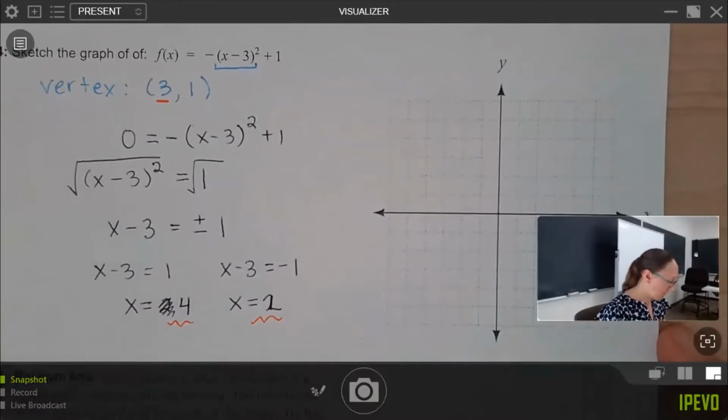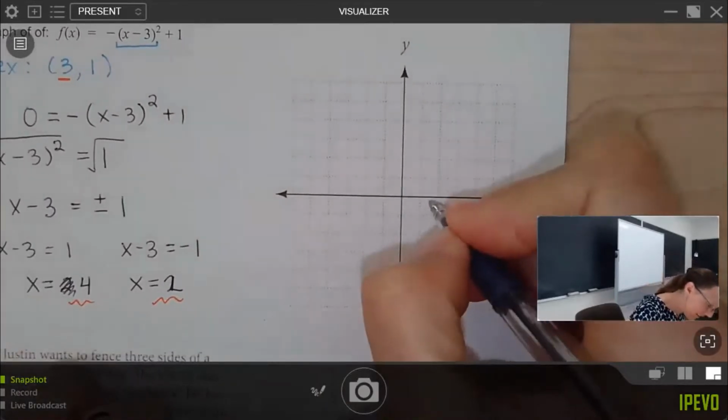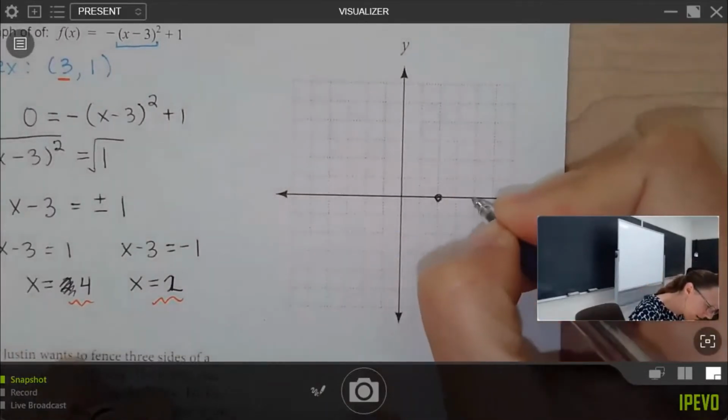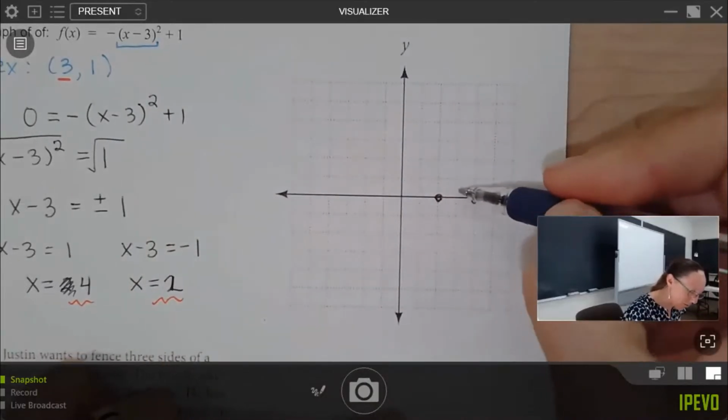Okay, so putting the points that we know on our graph, we've got x-intercepts at 2 and 4, and we know that our vertex is at (3, 1).